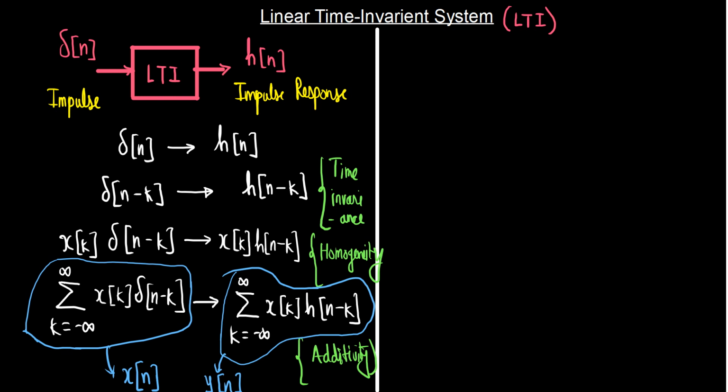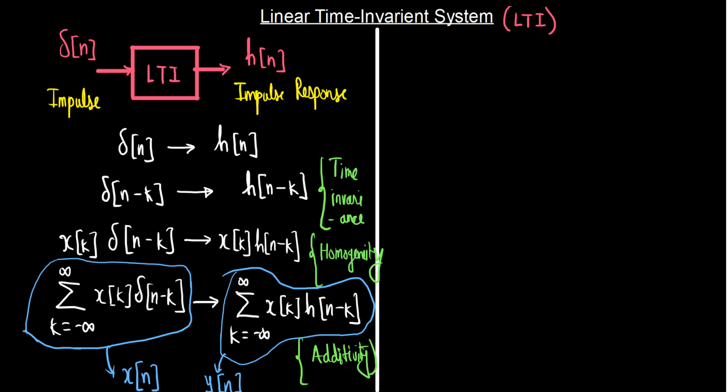So what is the interpretation here? If x of n, that is represented as the shifted and scaled versions of the impulses, is applied to an LTI system, we get the resultant output y of n as the linear combination of scaled and shifted versions of the impulse response, that is h. Interesting. So let me write this.